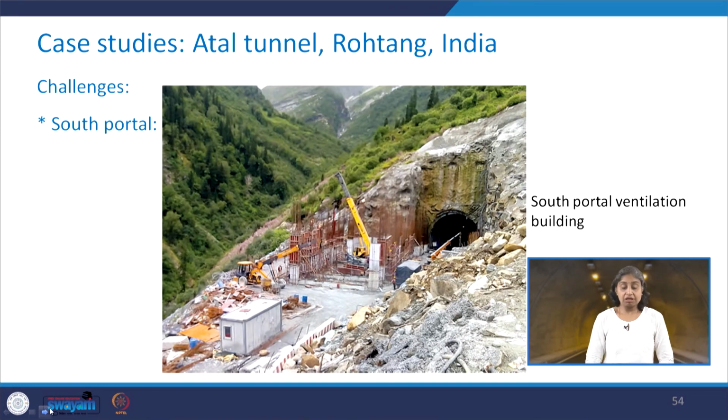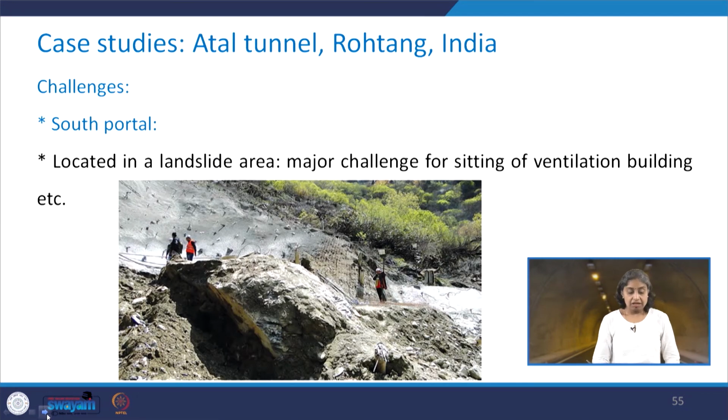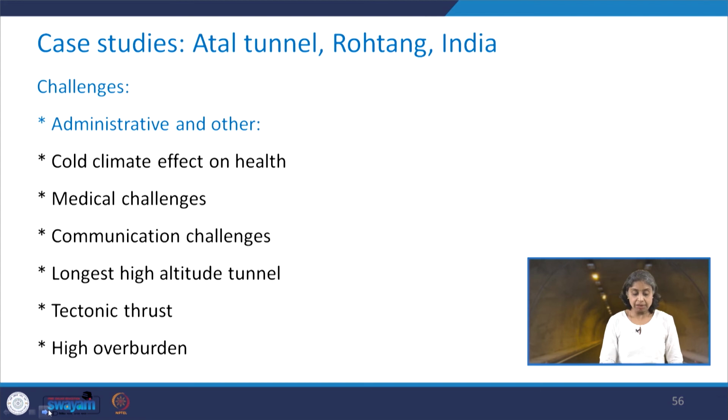This is the look at the south portal, and this is the ventilation building at that location. So you can just see how difficult it is. This south portal area is also located in a landslide prone zone, and that was the major challenge for siting of the ventilation building and other related structures here.